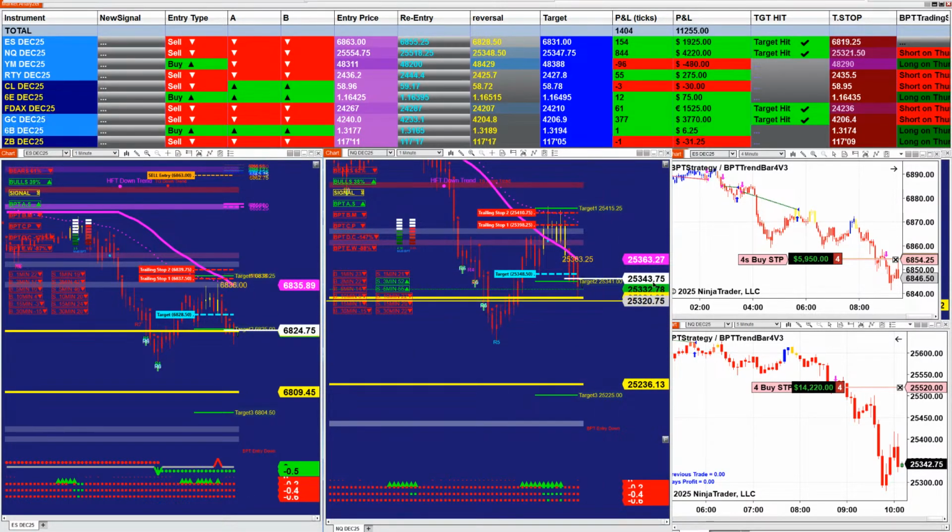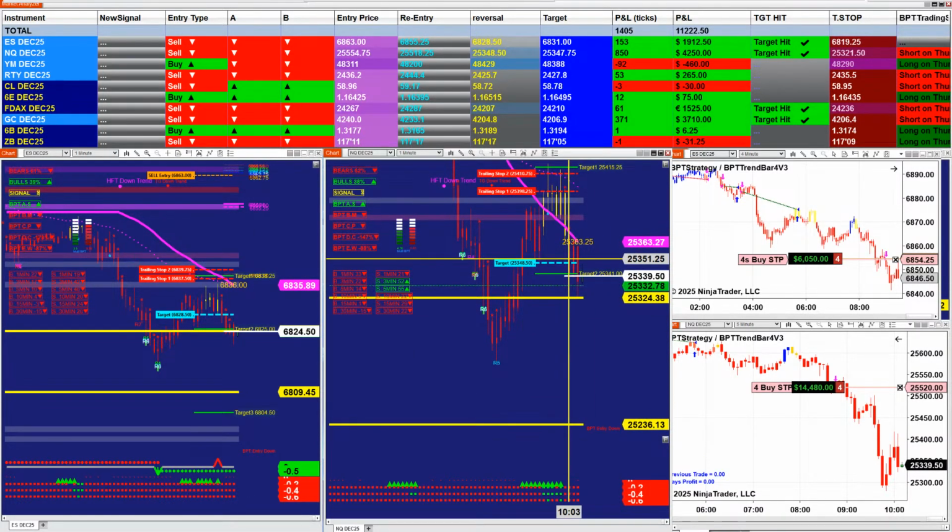You see? It's going back, and that's what happens when you are using a stop loss. You're going to have a little problems. You see, that's why it's not going farther down.